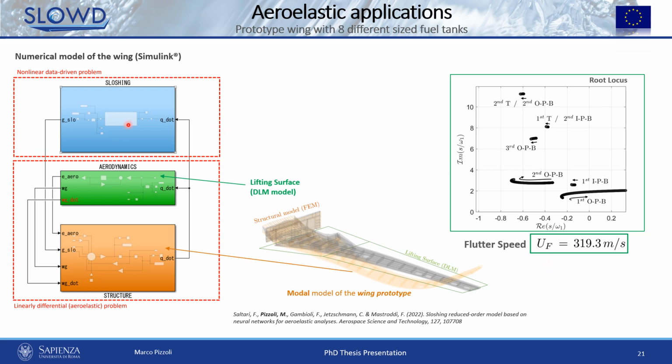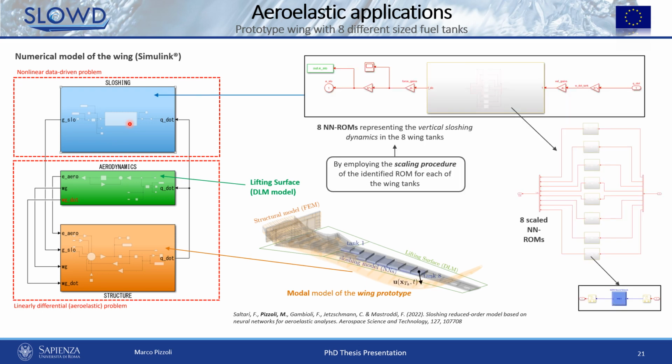And in contrast, the last block here represents the nonlinear dynamics of vertical sloshing, where the scaling law introduced in the previous slide is implemented for each one of the 8 neural networks to represent the vertical sloshing in each one of the wing tanks. So now we go on to see the effects of vertical sloshing on the aeroelastic response of the system to a gust having a classical 1 minus cosine profile.